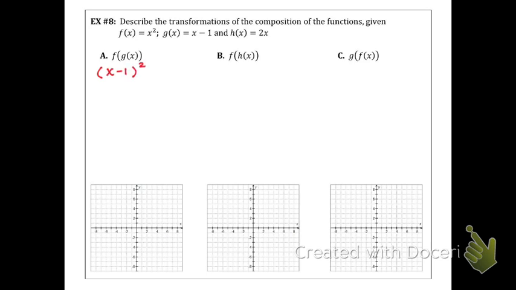So we know that our parent function is x squared, okay, so it's a quadratic, and the minus 1, remember, tells us that it is a horizontal shift or translation to the right 1.